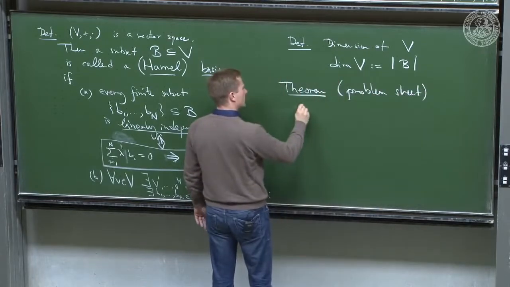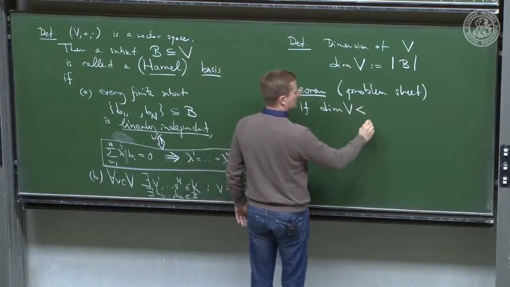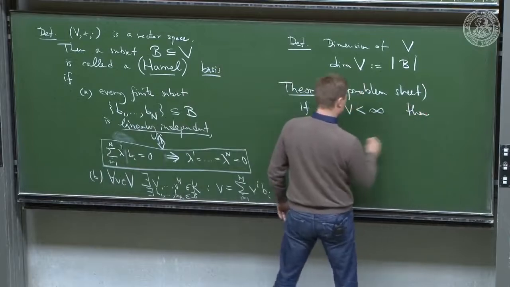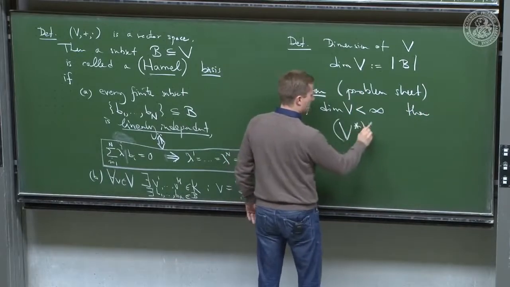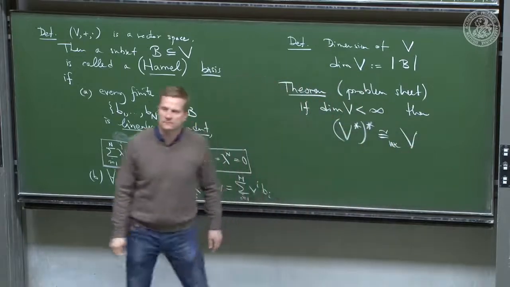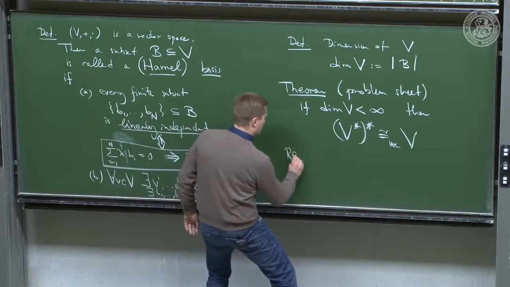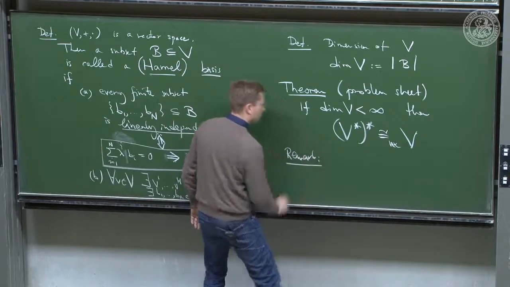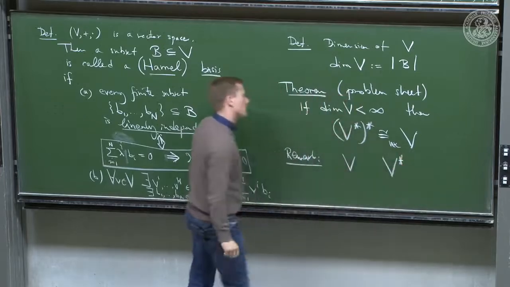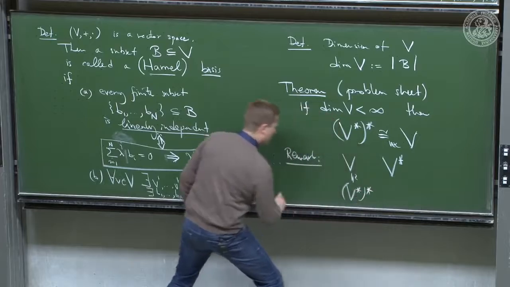The theorem is that if dim V is less than infinity, so if you have a finite dimensional vector space, then V star star is isomorphic as a vector space to V. And so we have the remark: if you have V and you look at V star, then you could identify V with V star star if you're finite dimensional.